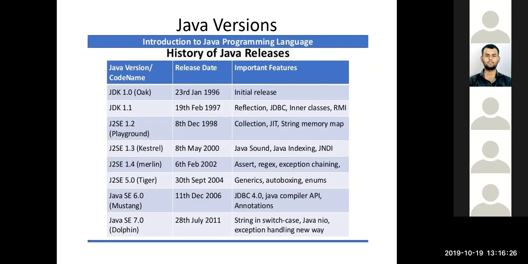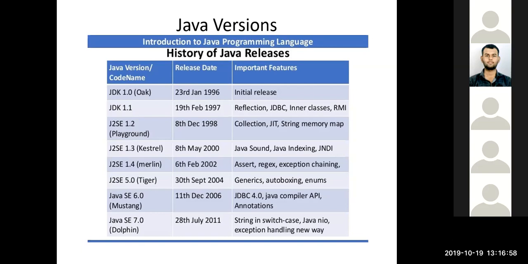With the help of assert, we can test our code and verify some output against the value we were expecting. So assert statements, assertions, are basically used for that. Then we have regular expressions, regex. We also had exception chaining, which we will understand at the time of development.